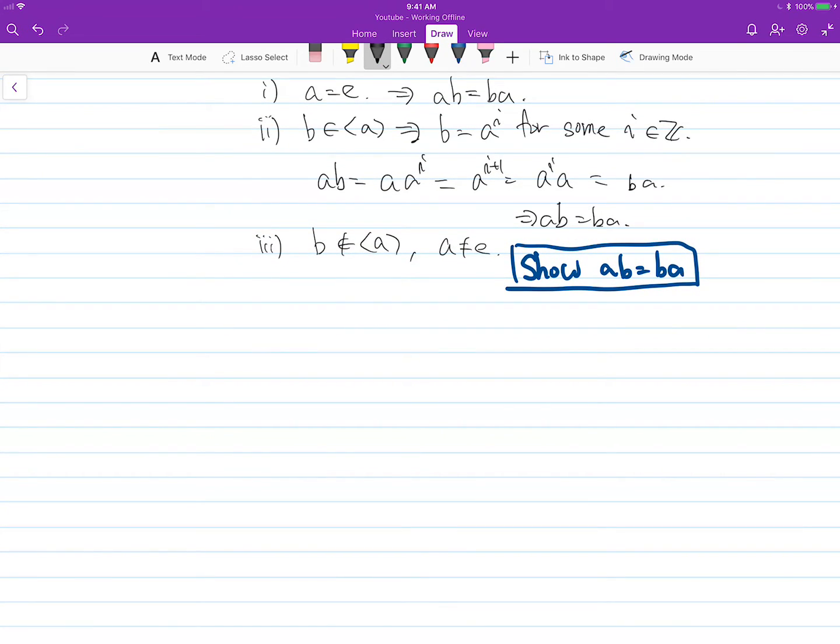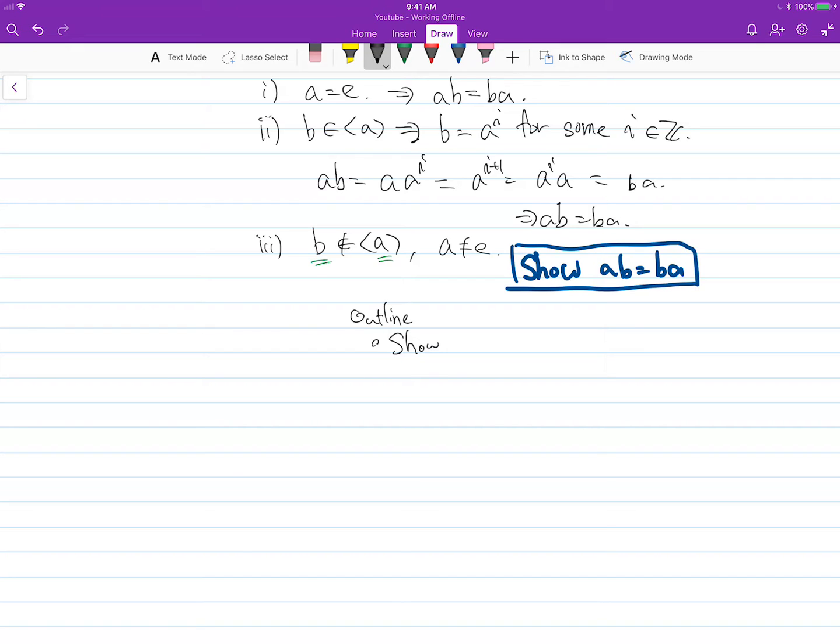So first I'll give you guys the outline of how we're gonna tackle this part. First, we're gonna show that using these two elements, A and B, we will show everything in G. So the first step, outline.